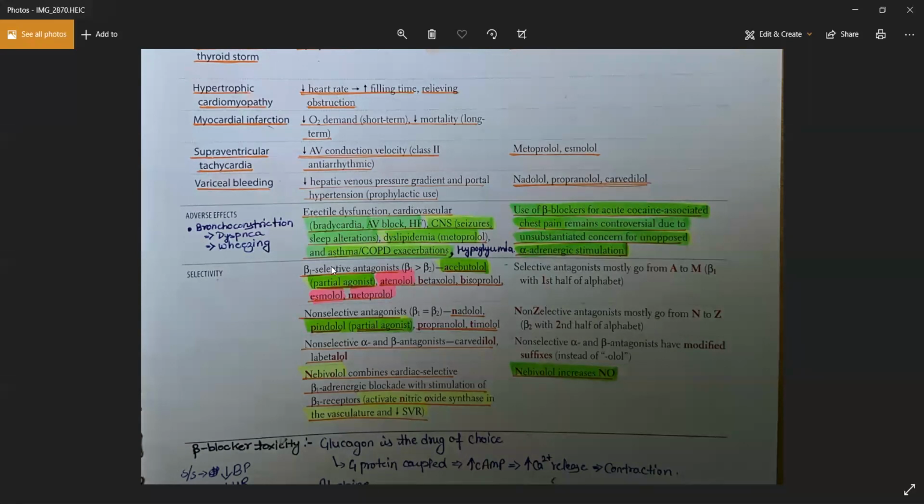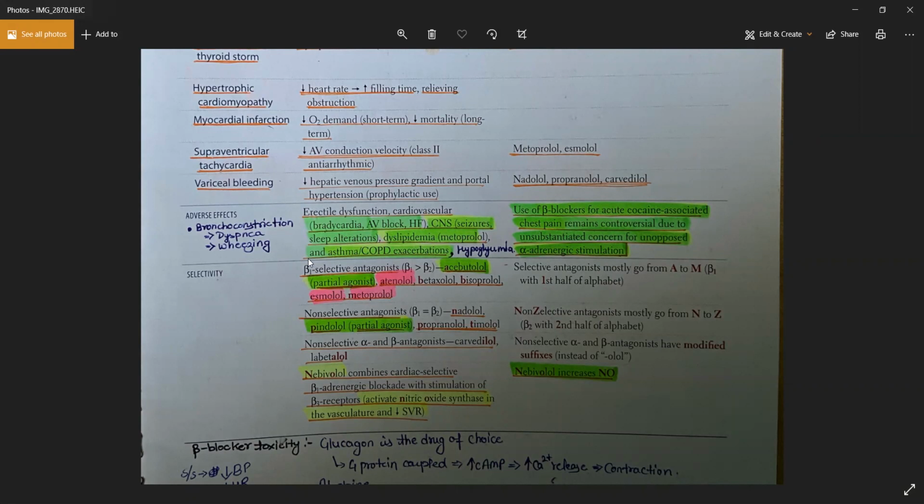And the beta 2 receptors are present in the lungs. So once you give the patient beta blockers, what can happen is exacerbations of asthma or COPD. You need to be very careful in these patients. You will always use the cardioselective agents in case of a COPD and asthma patient, because the non-selective ones can cause exacerbations of the disease.